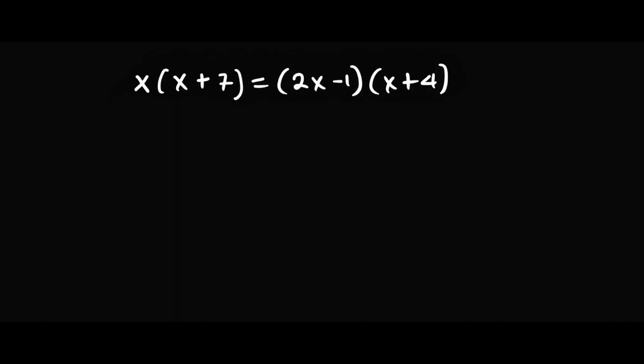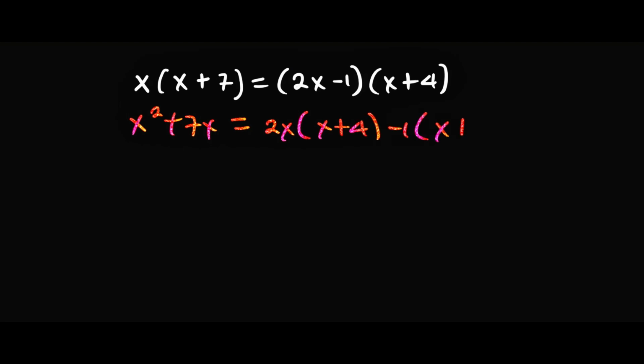For the second equation, the first thing we're going to do is rewrite it in standard form. The standard form is ax squared plus bx plus c is equal to 0. Let us do that. So we have x into x, that will be x squared, then plus 7x, that's equal to 2x into x plus 4 minus 1 into x plus 4. For the right hand side, you could use FOIL, or you can just do it manually the way I've done.